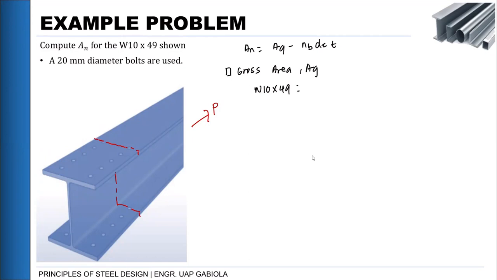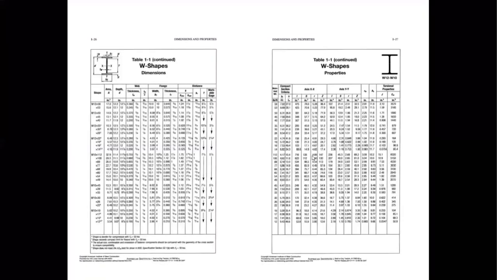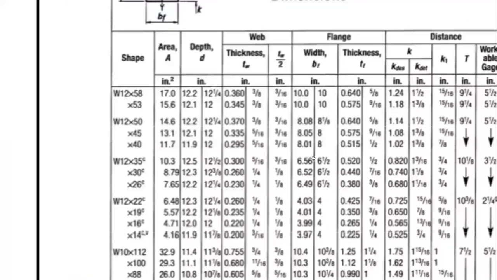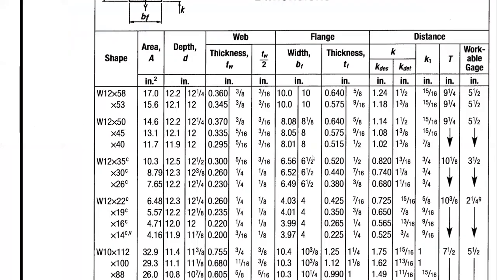Okay? So, punta tayo sa W shape section. Okay? So, this is an example of a W shape table. As you can see sa table natin, may mga iba't ibang properties yung table natin. And when you look at sa shape natin, we have yung pangalan ng shape. And then, as you can see on the second column ng table, we have yung area.